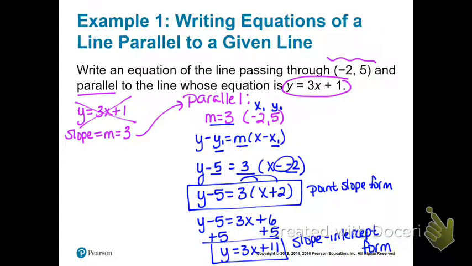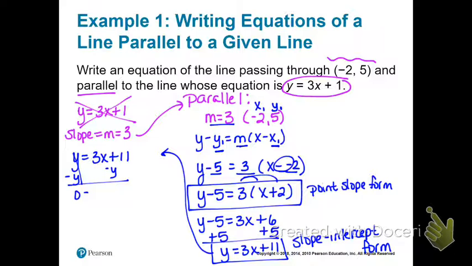Then remember, we talked about one more form, the general form or the standard form. So I'm going to keep going over here. We had y equals 3x plus 11. General or standard form has x, y, and the constant all on the same side, set equal to 0. The easiest way is to move that y on over and put them in alphabetical order.